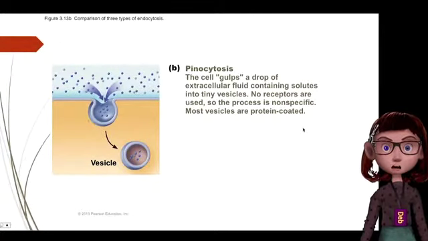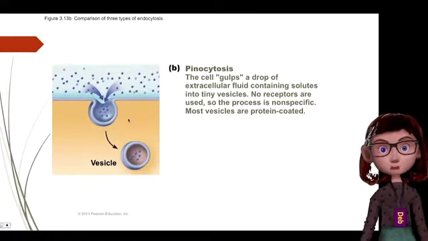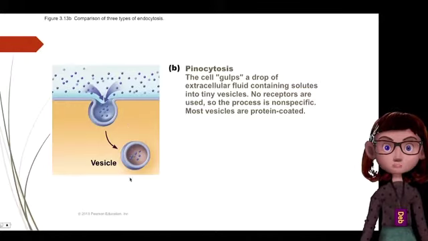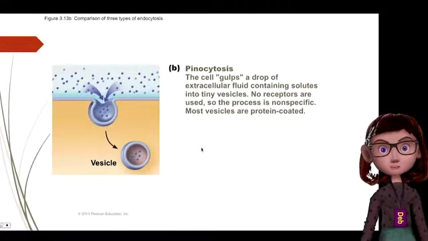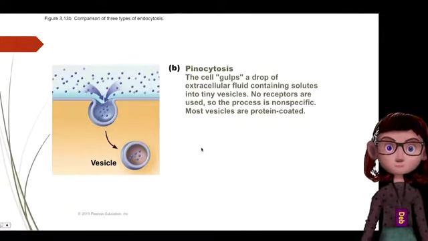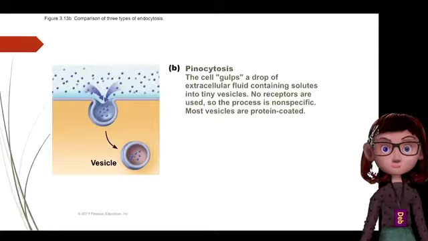Pinocytosis: the cell gulps a drop of extracellular fluid containing solutes and forms a little vesicle. No receptors are needed, so this is pretty nonspecific, although most vesicles are protein-coated. They are learning more and more about these processes every day.